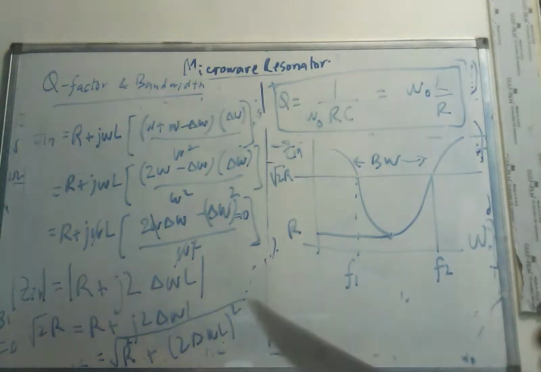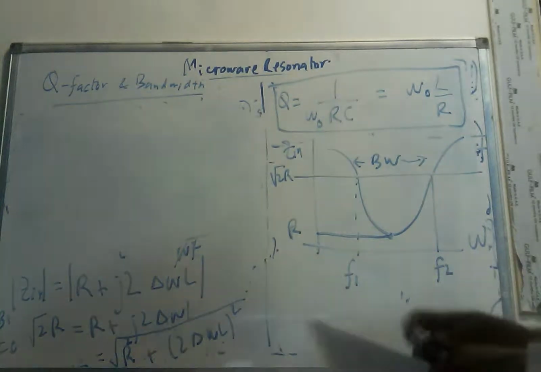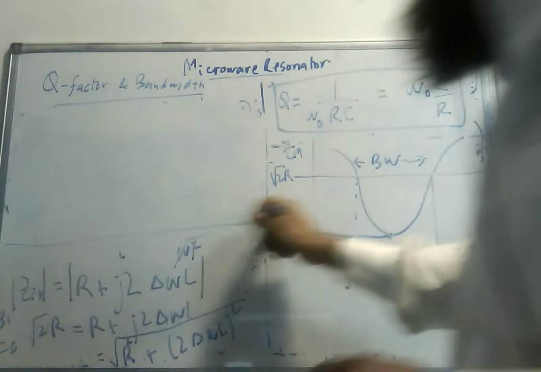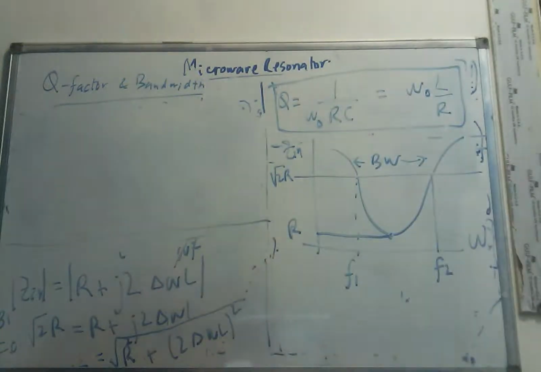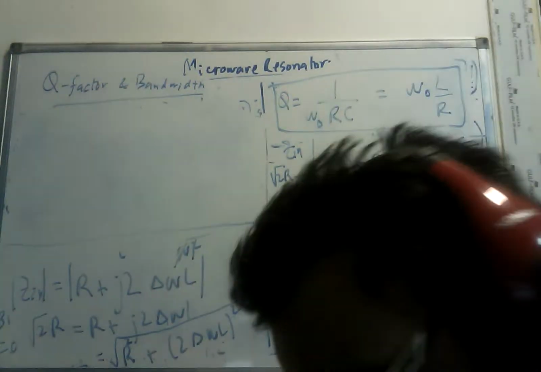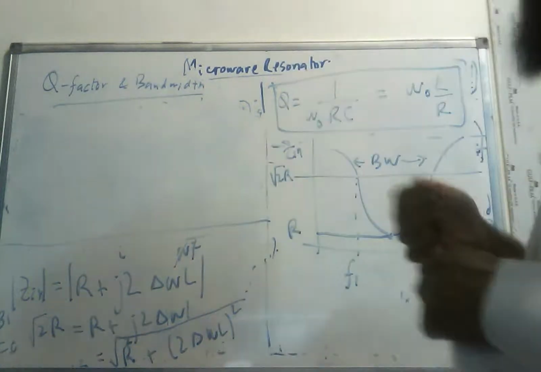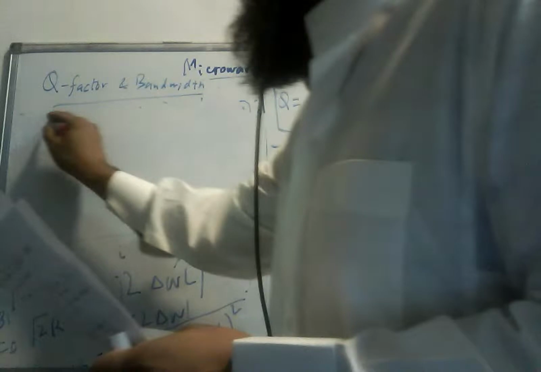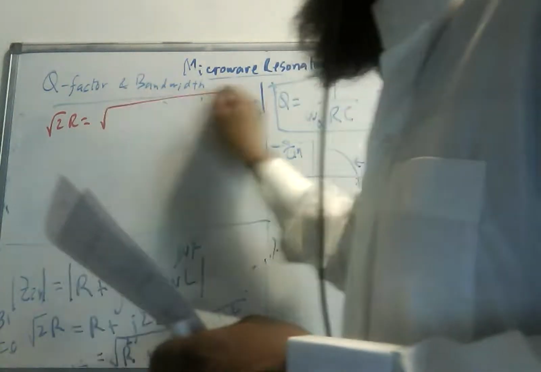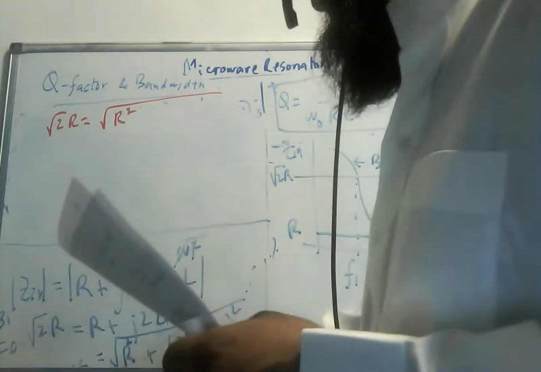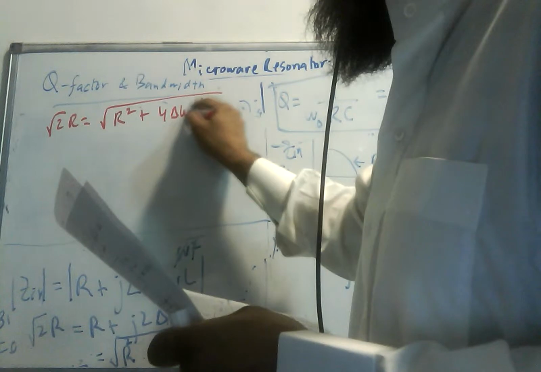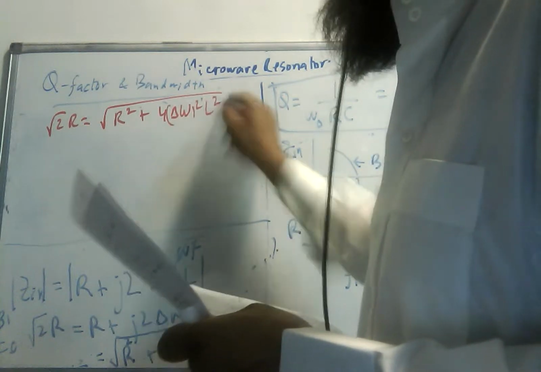So I have square root 2 R equal to square root R square plus 4 delta omega square L square.